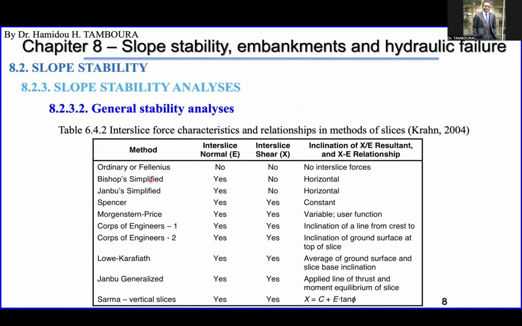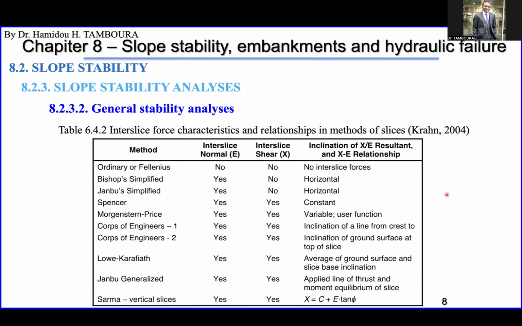So for each method again, we have if the method satisfies it or not in these cases, and if the relationship inclination is constant horizontal, or the inclination, like here, inclination of ground surface at top of slice.